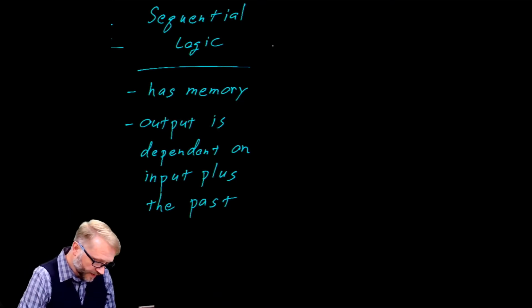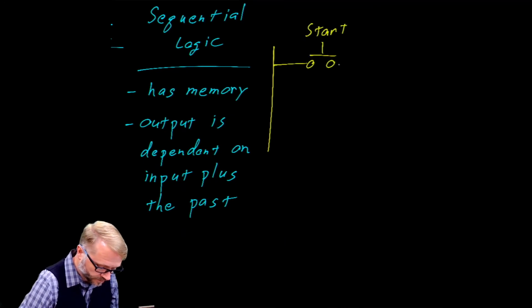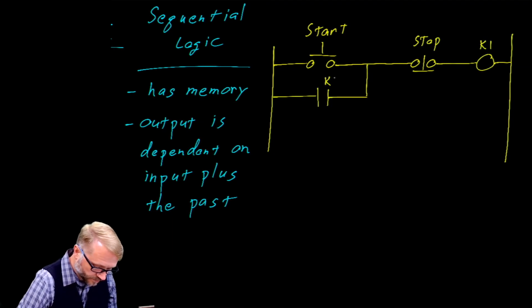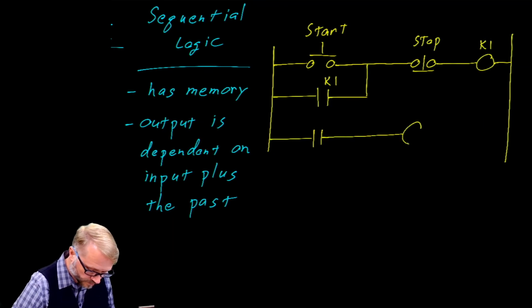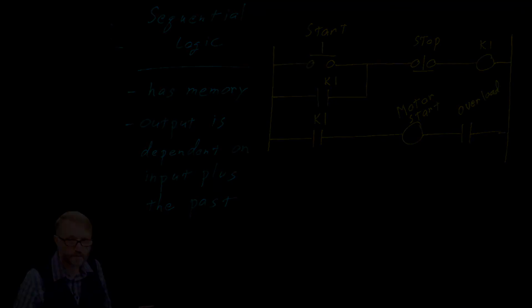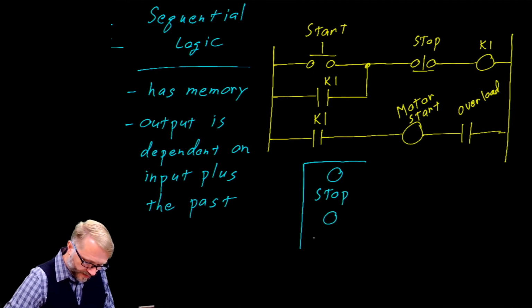In the lab, you did construct a sequential circuit. It looked like this. This is a motor control circuit. We have a stop button and we have a start push button.